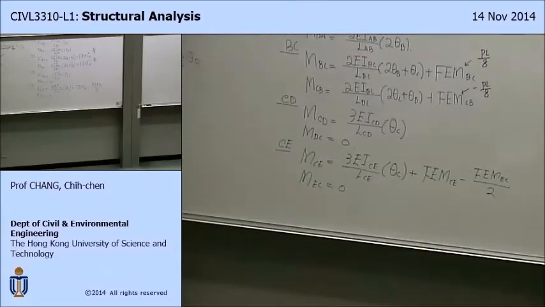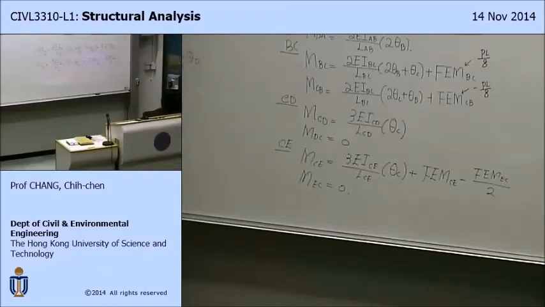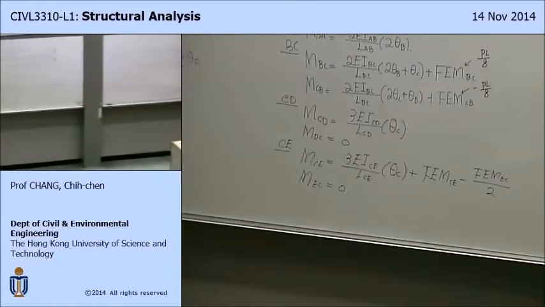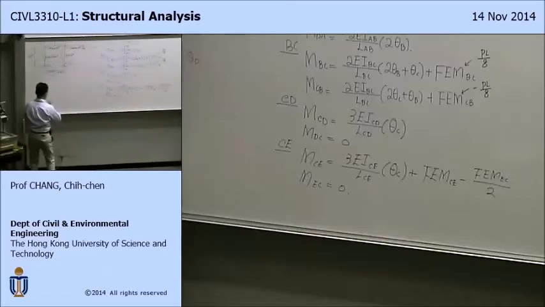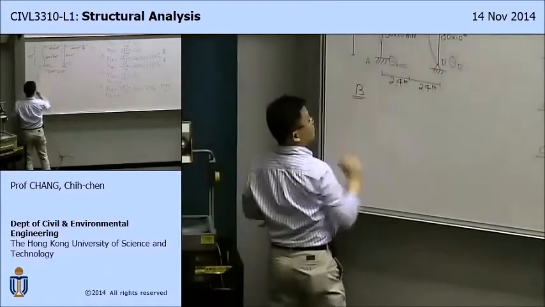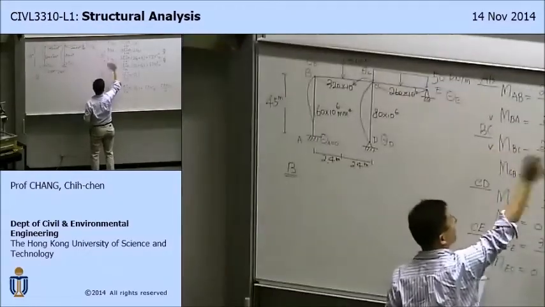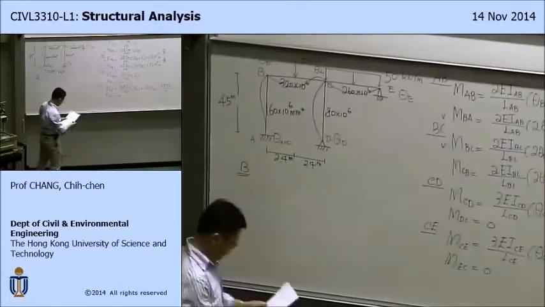Next is equilibrium. Okay, joint equilibriums now. Joint B. So I pick up this one and this one, sum up, equal to 0.